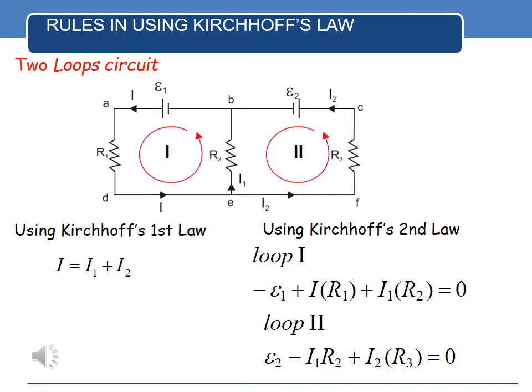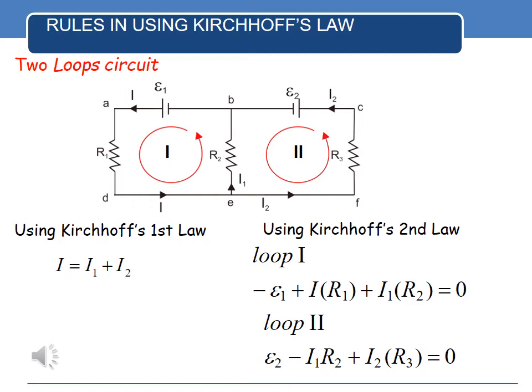So if we look at the points A, B, C, D, E, F, look at point E. At junction E, the total incoming current I equals the outgoing currents I1 and I2. So we can write I equals I1 plus I2.